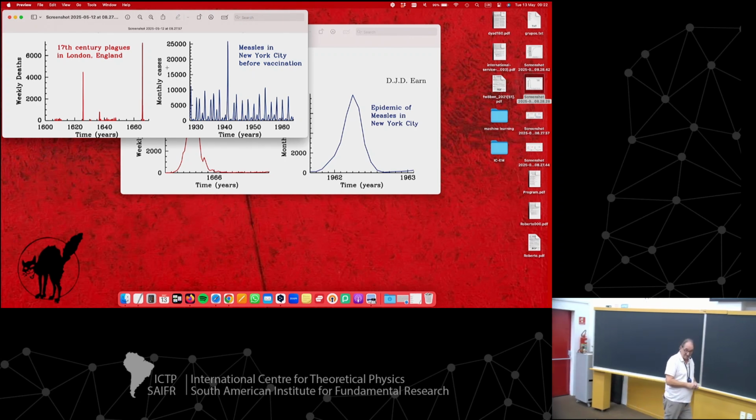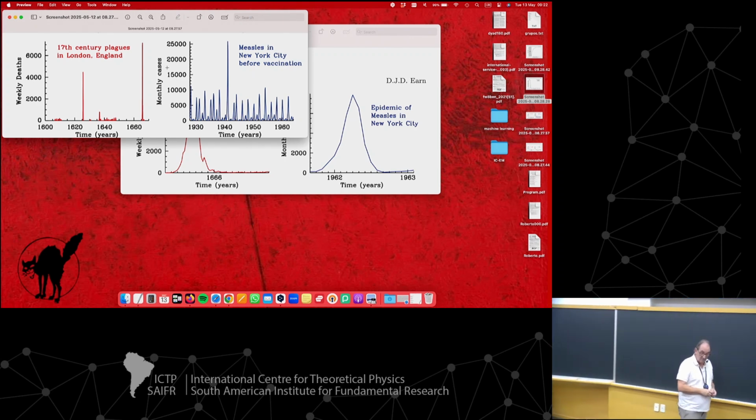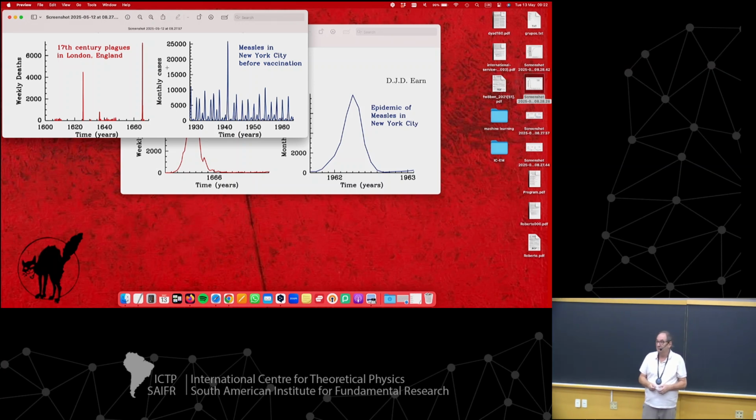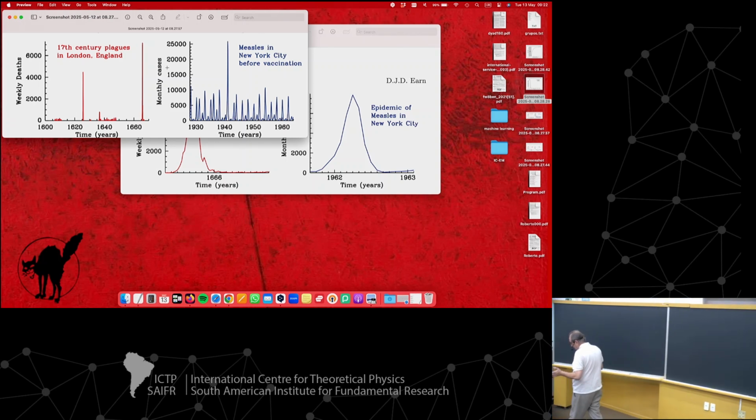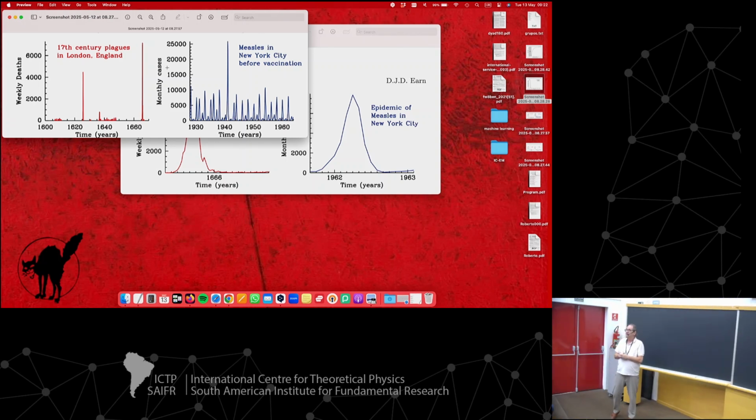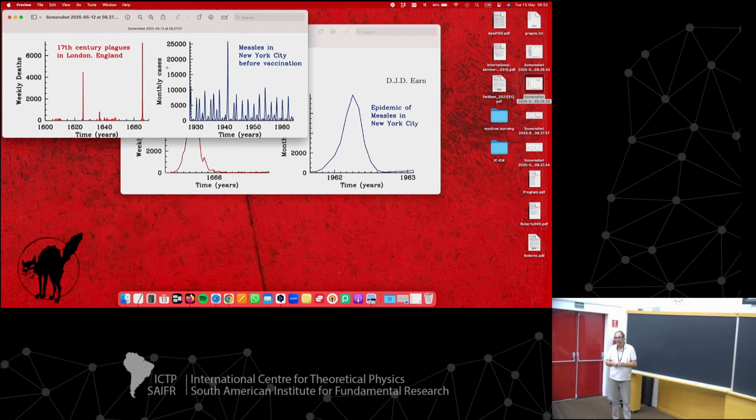But this is not true for measles. You don't lose the immunity. Immunity is most of the time lifelong. Okay? There can be people that have immune problems and so on, but as a good approximation, measles gives you lifelong immunity.